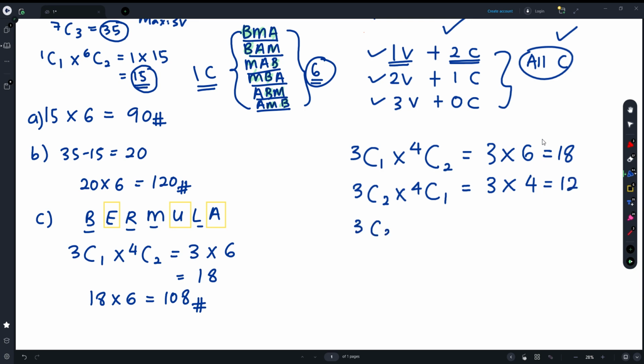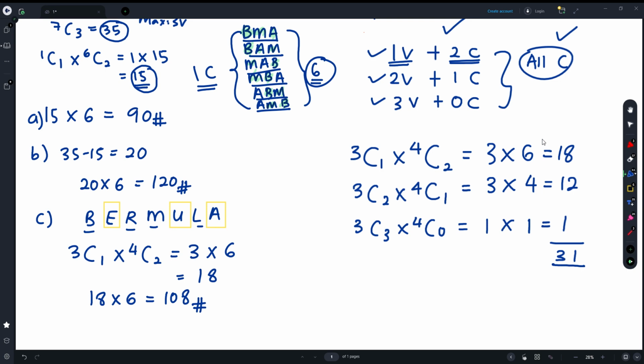And then 3 choose 3 multiplied by 4 choose 0, which is going to be 1 times 1, which is 1. So in total here I will have 31 combinations that involve at least one vowel.